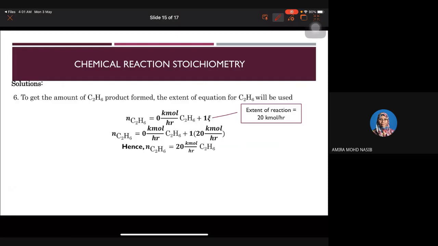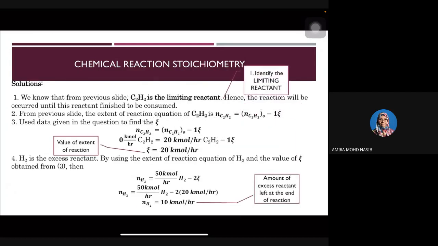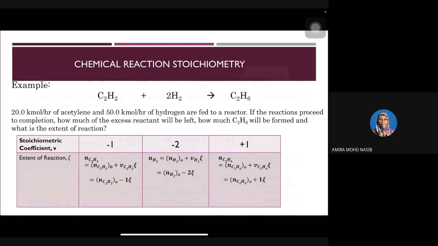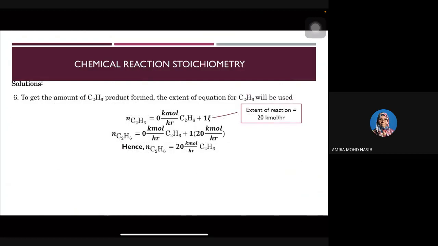Next, it also asks you for the amount of product formed. Since it's asking about the product, we use the equation for the product, C2H6. At the beginning we have 0, right? Because at the beginning you only have your reactant, there is no product present in your system, so it's 0.